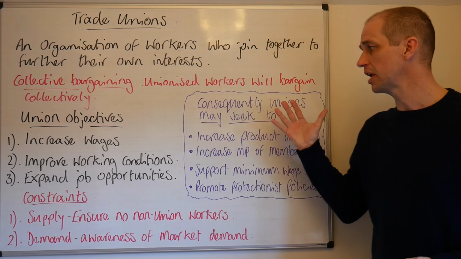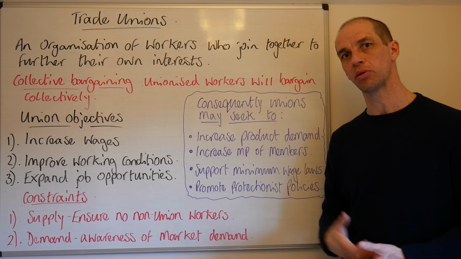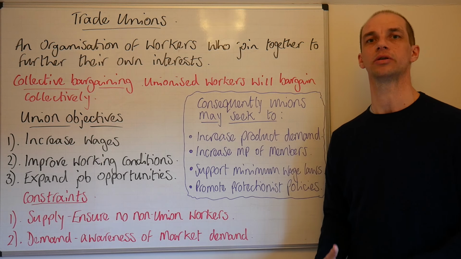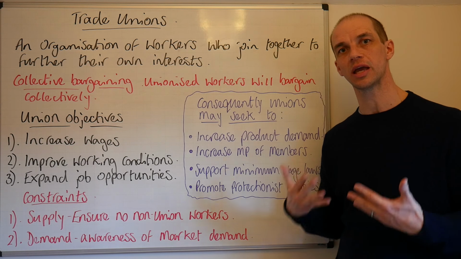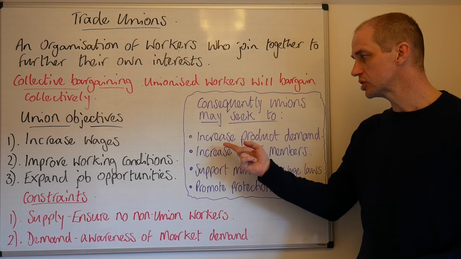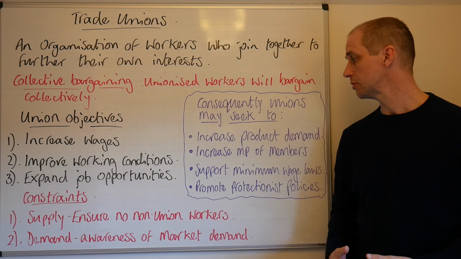Okay, so what does this mean for what unions will want from both the employers and from governments, and the sort of lobbying that they may undertake to actually ensure that they get the right policies being made? Firstly, they're likely, of course, to want to see an increase in product demand.